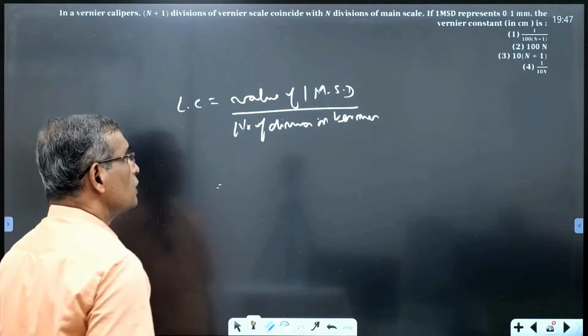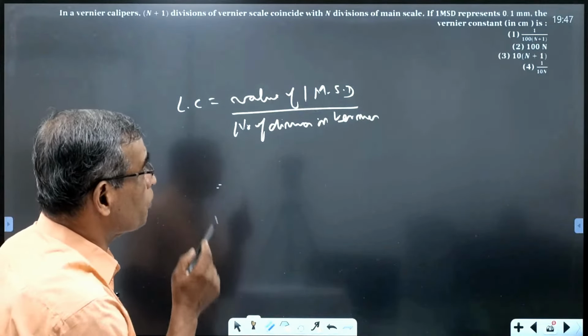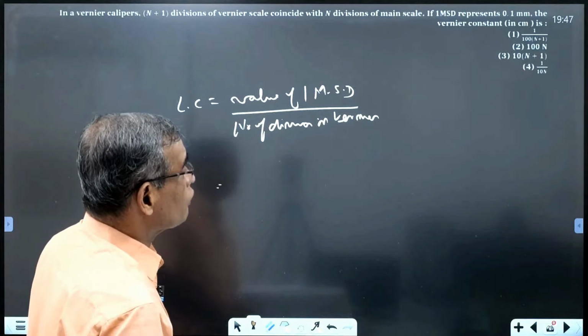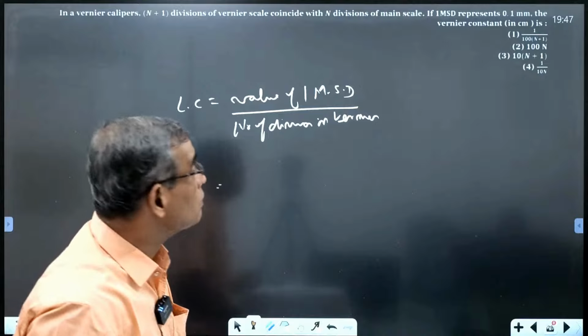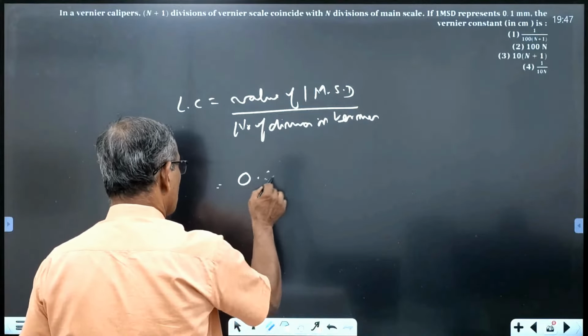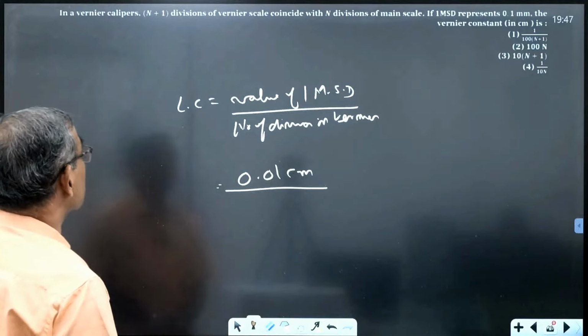Now substitute the value of the main scale division, 0.1, and the answer is in centimeter, so 0.1 millimeter converted into centimeter is 0.01 centimeter divided by the number of divisions of the vernier.